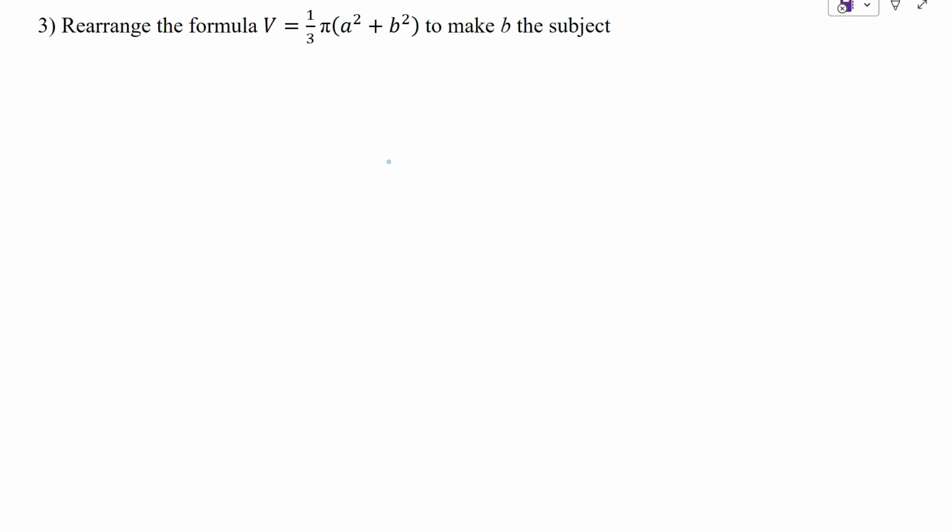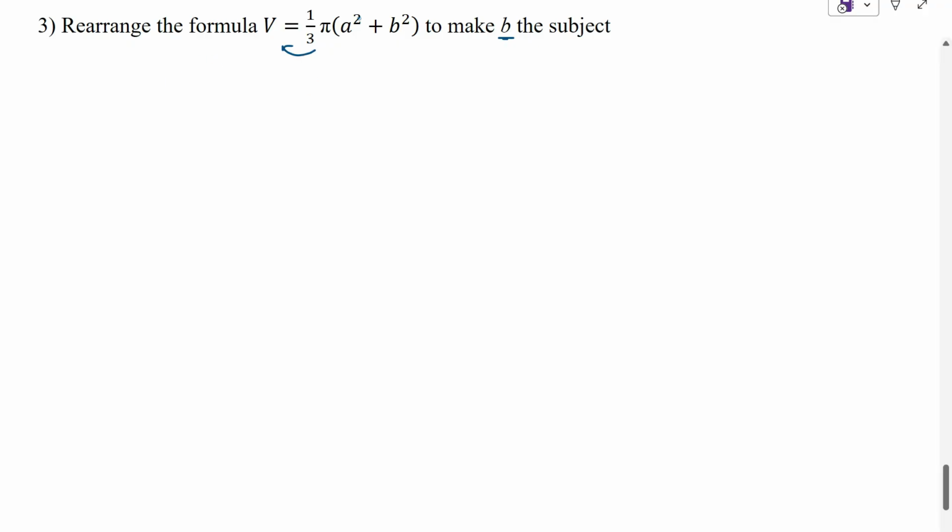For this last question, we need to rearrange this formula to make b the subject. So what we can do is, as mentioned previously, we want to try and make this linear, so we can get rid of this fraction here. So we're multiplying by a third on this side. When we take it over, we're going to divide.